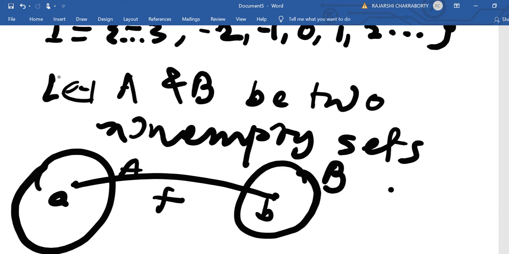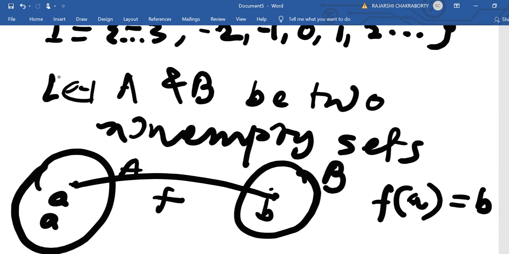So we would write f of a would be equal to b, and this would hold for elements in A, and it would be mapped to elements in B. So there would be another element, say a1, which would map to b1.